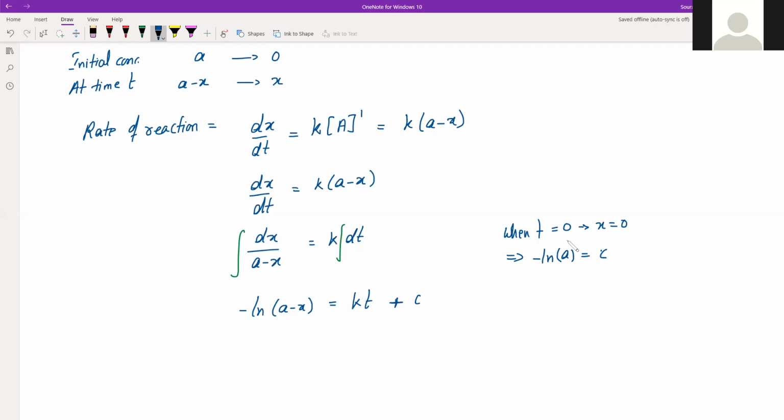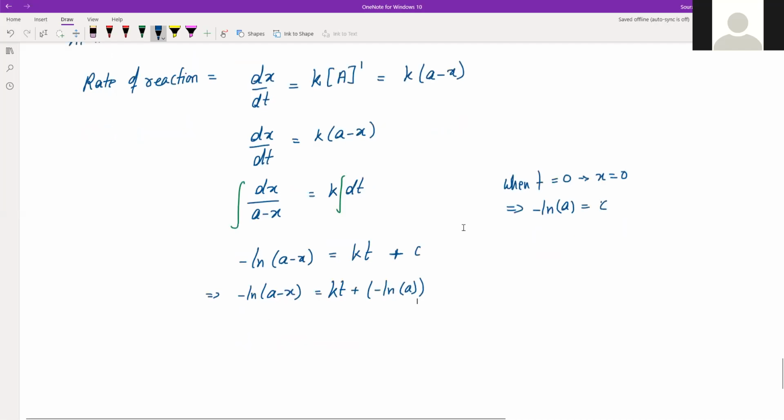So this can be rewritten as minus ln(a minus x) is equal to kt plus this constant term, and that constant term is actually minus ln a, right? So this is what we got.